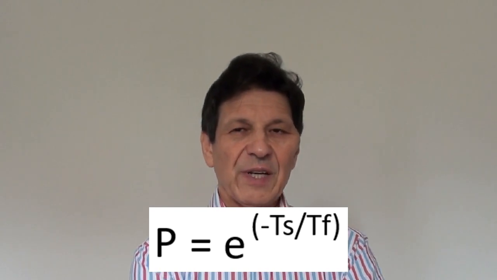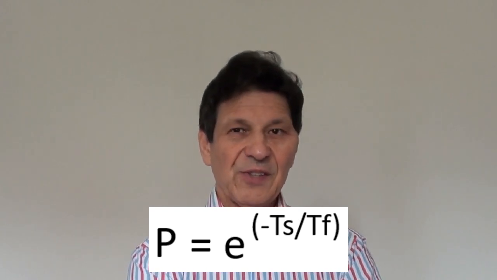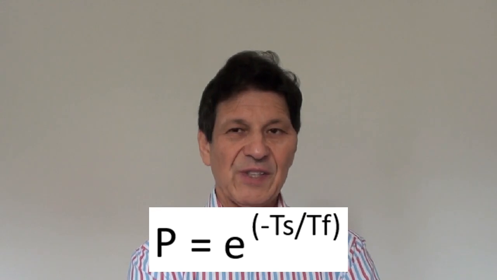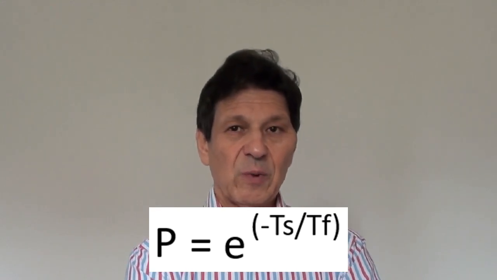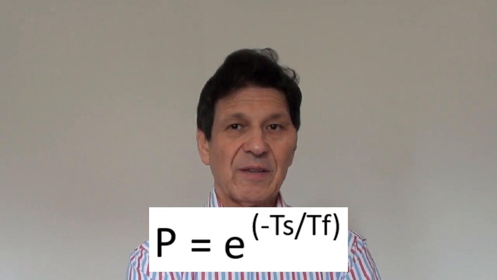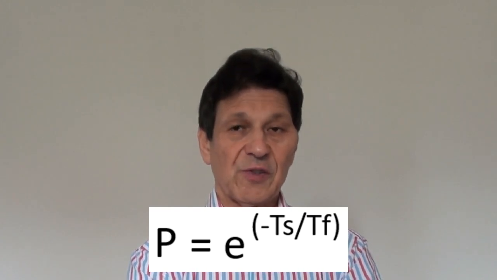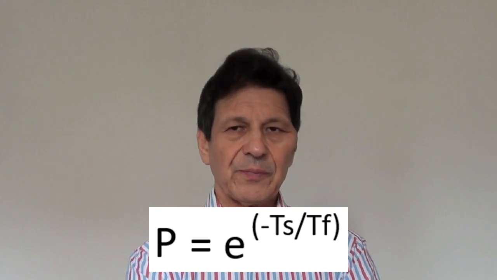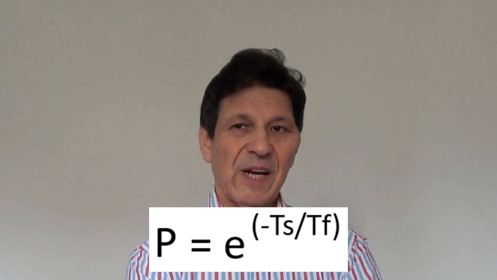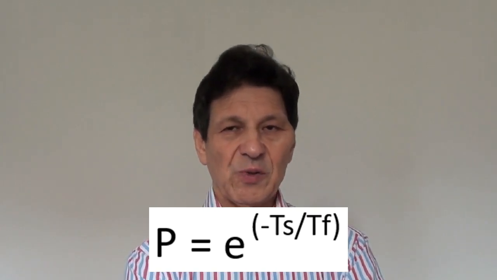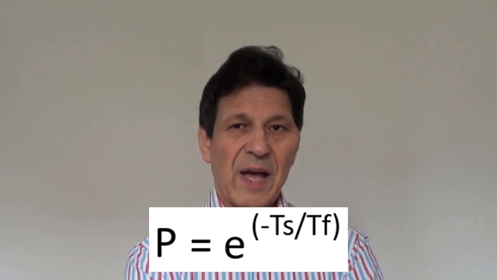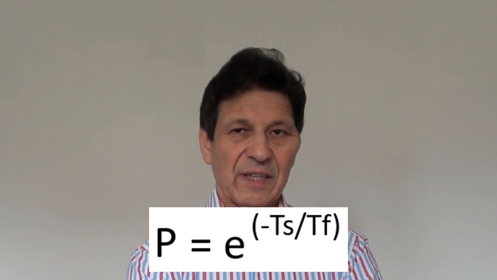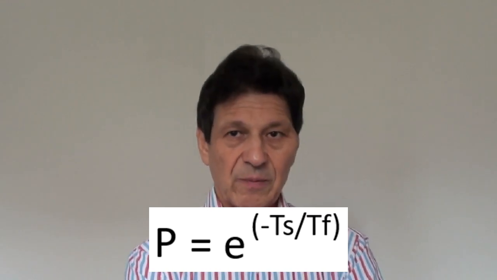The other terms in the equation are Ts, which is the scan frequency of the tag, and Tf, which is the filter time, which is the number that you enter into the control system to tune the filter. The scan time can vary. It depends on the control system, and even in a control system that has a default setting, there may be some adjustment.